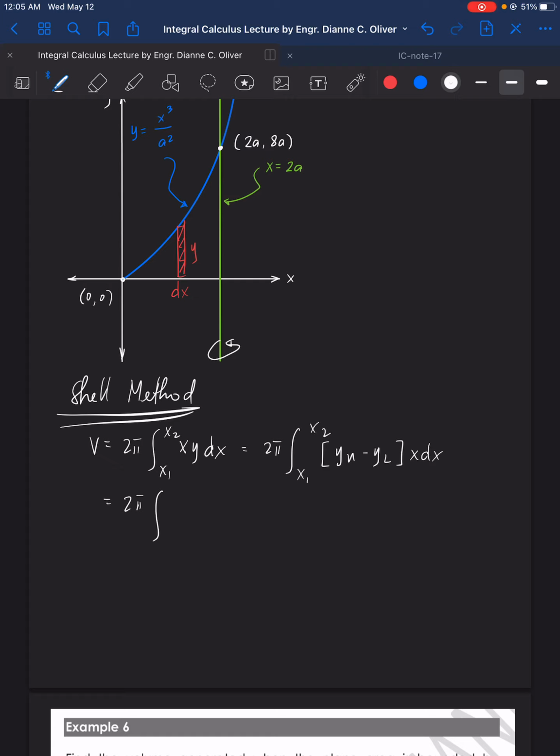So we have here the y upper as x raised to 3 over a squared, minus 2a, x dx. Then x1 is 0, x2 is 2a. So that is equal to 2 pi. So this becomes here.